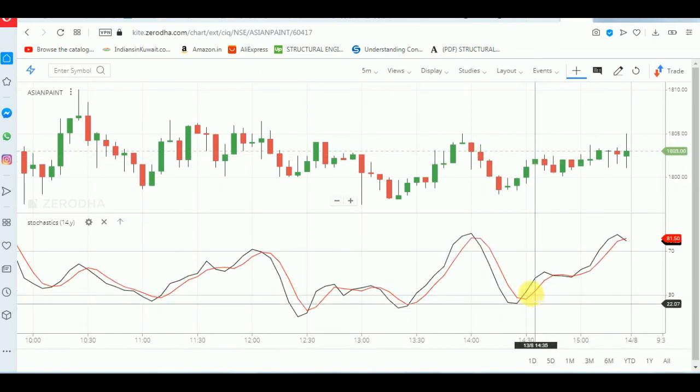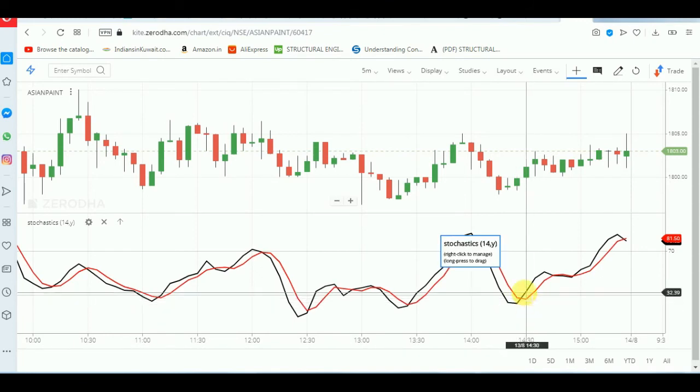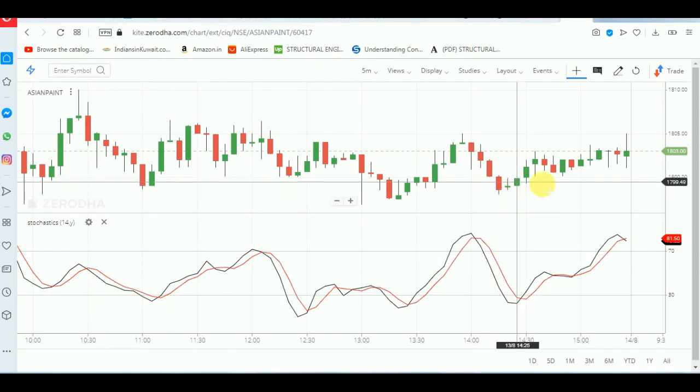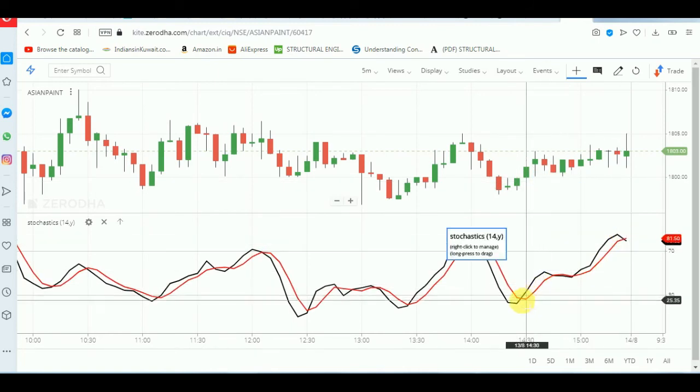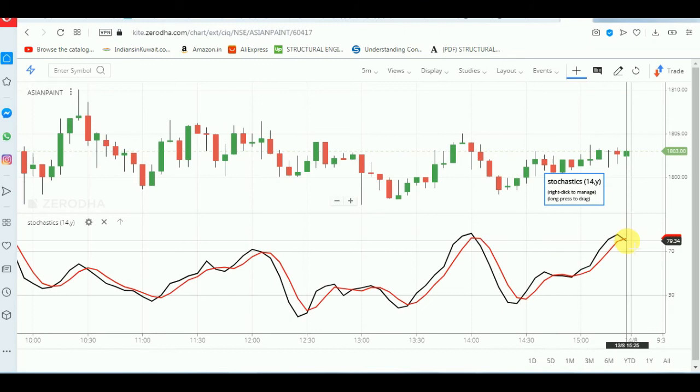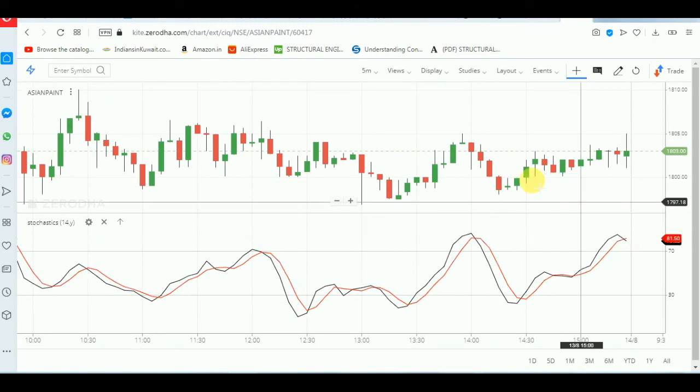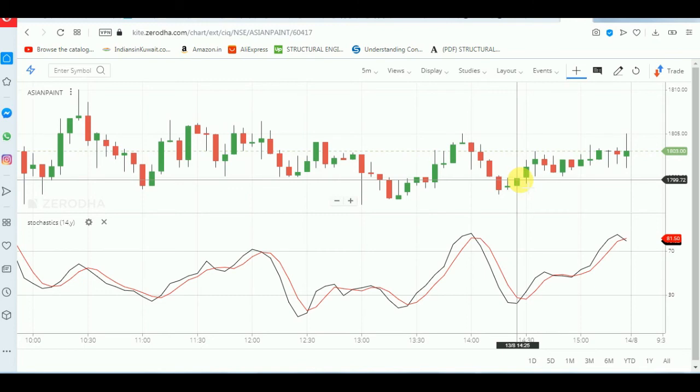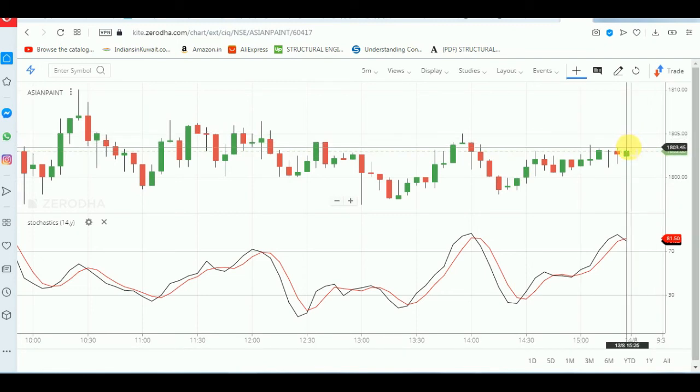And if suppose the trader enters here in this region, in this particular candlestick, and it had reached this level from around the 26 level, you can see here on the side, the 26 level, and if he came out at this 80 level, he would have got nearly nothing. It is a very small amount, which means he would have entered at maybe 1799, and he would have come out at 1803.